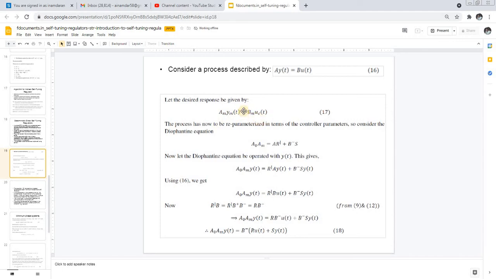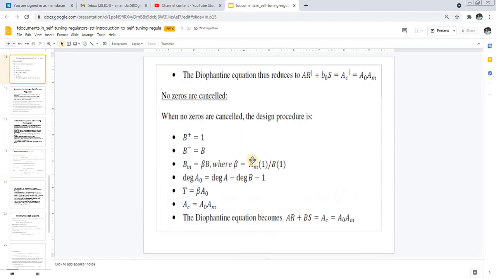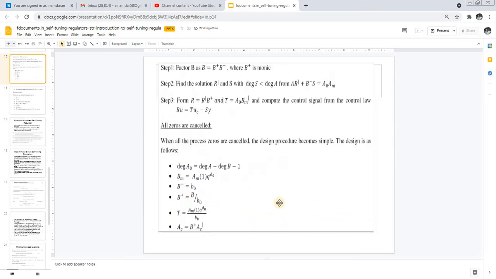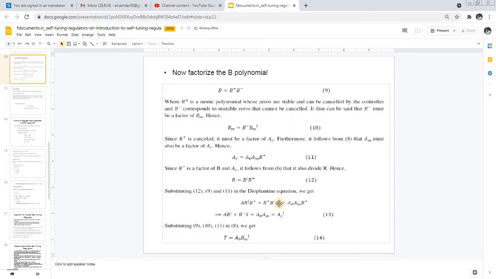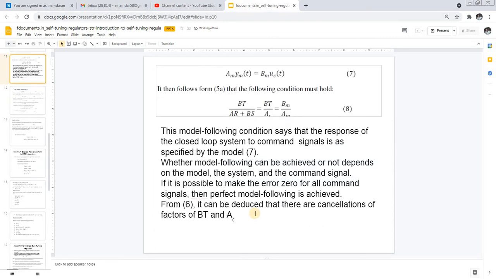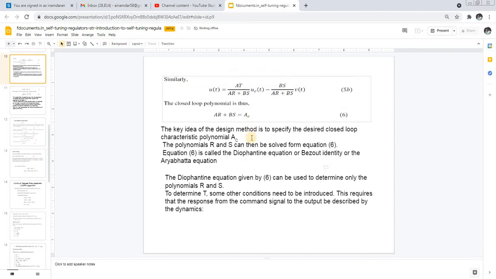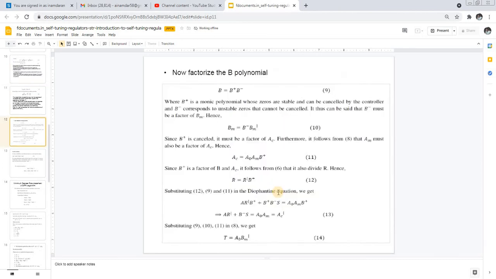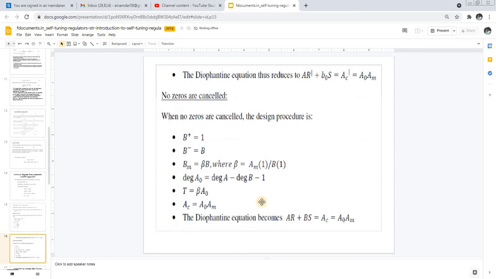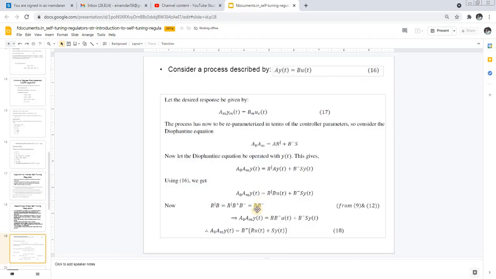Now the process model will be reparameterized in terms of the controller parameters. We have to take a look at the Diophantine equation here, which we have seen earlier.